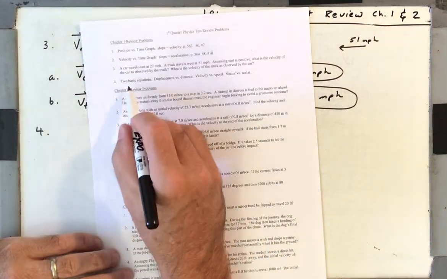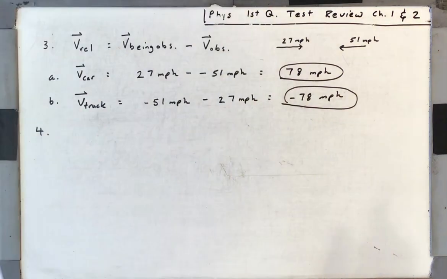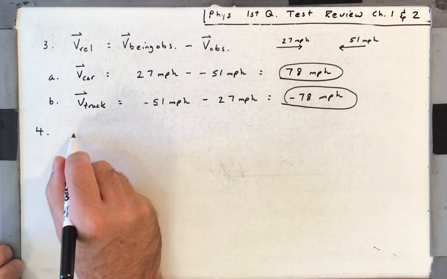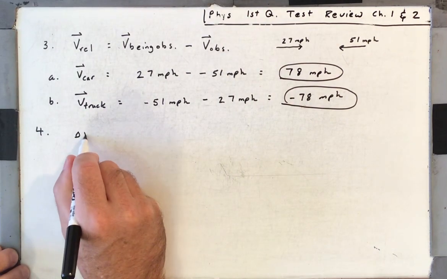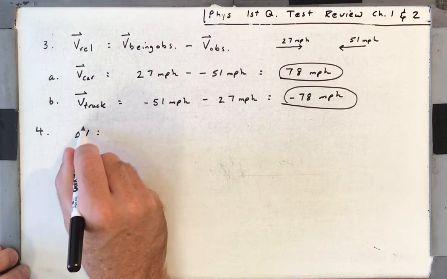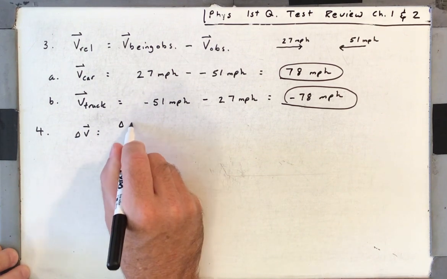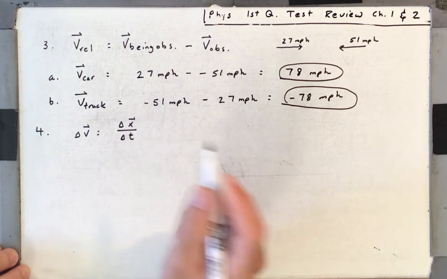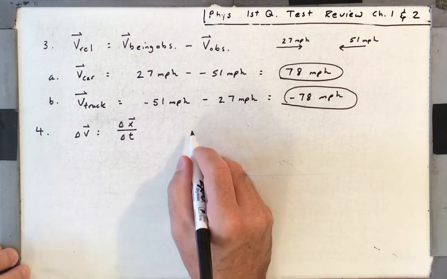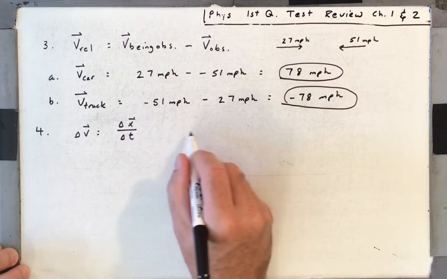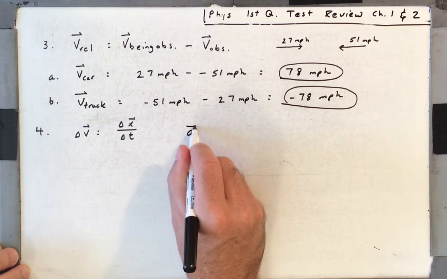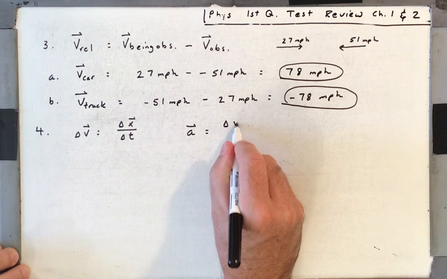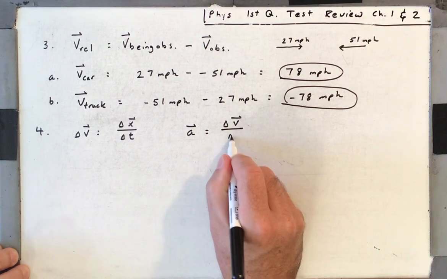Okay, 4, we have our 2 basic equations. So I'm not going to work a problem here. You've just got to remember that the change in velocity is equal to the change in displacement over the change in time. And the acceleration is equal to the change in velocity over the change in time.